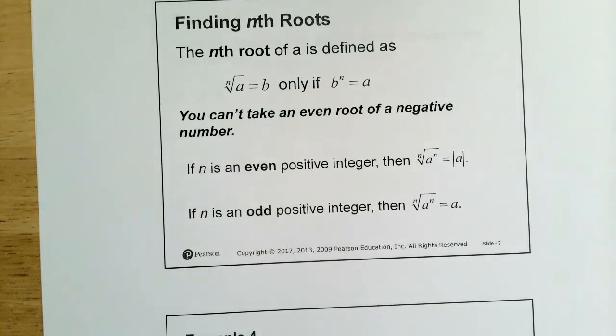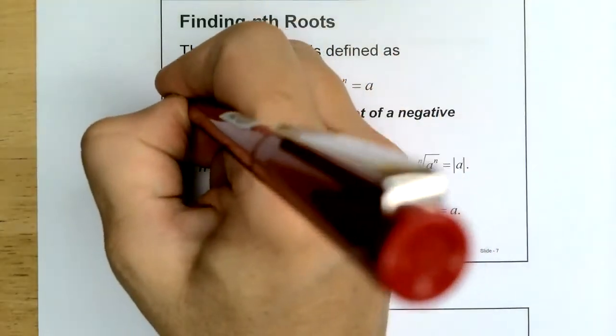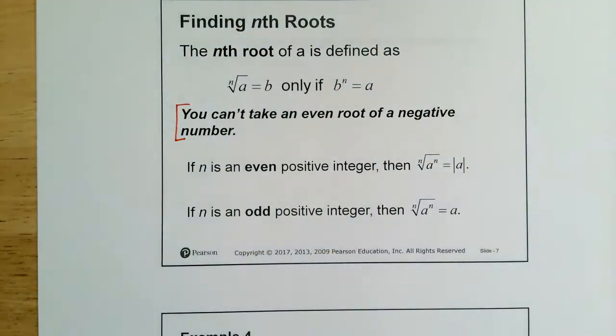Right, so after the cube root, we just call them the nth roots, like the 4th root, the 5th root, the 6th root, okay? And then we just want to talk about the rules that work depending on what the root is. So the main rule is, and we know this, you can't take the even root of a negative number.